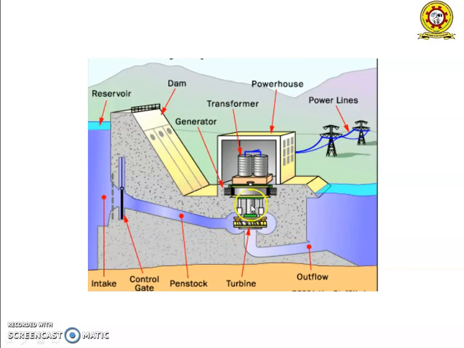From the turbine, the electric power is generated. This is the generator and here the transformer is there. This is known as the powerhouse. From the powerhouse the power grids are linked for the generation of electricity for domestic and industrial purposes. And from the turbine the outflow of water is there. This is the outflow of the water.